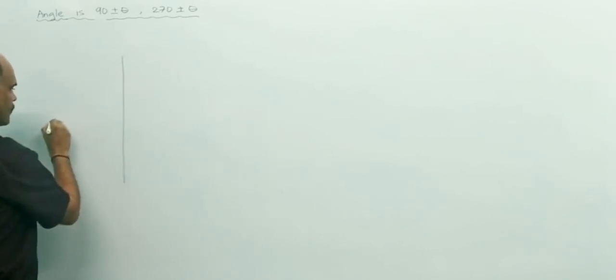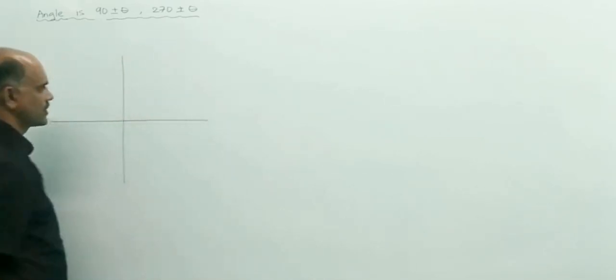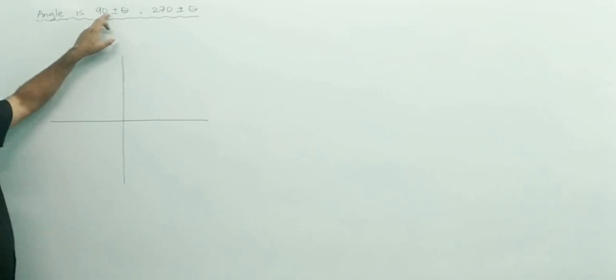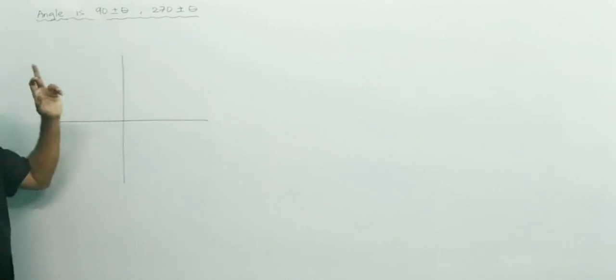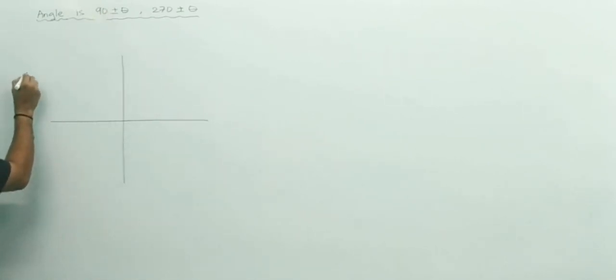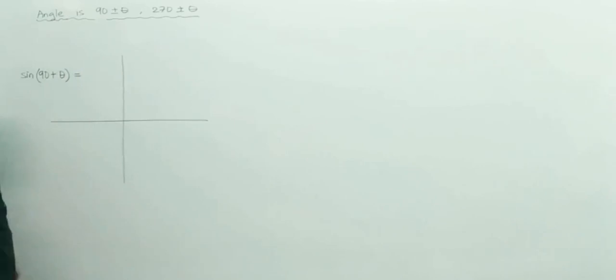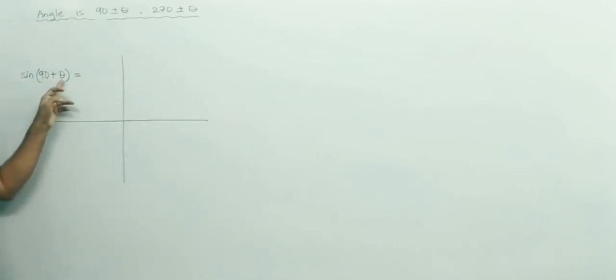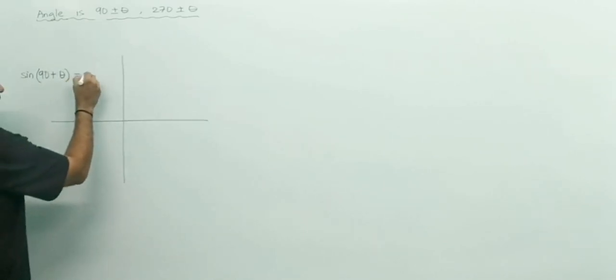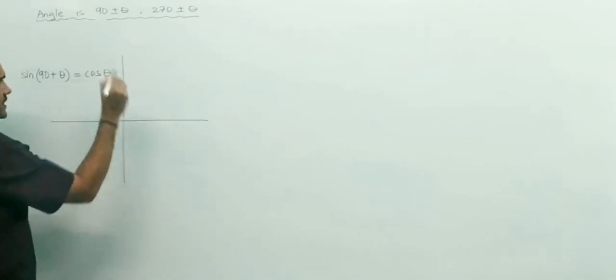So if I take quadrants, 90 plus means it will come in second quadrant. So in second quadrant, if it is in this form, sine of 90 plus theta, in second quadrant sine is positive, so you will have cos theta.